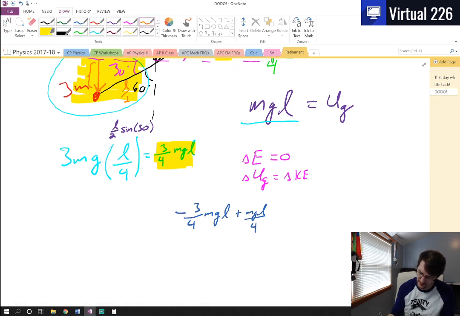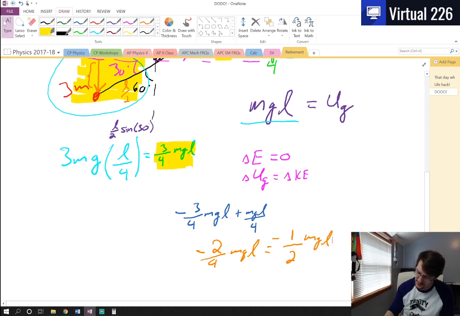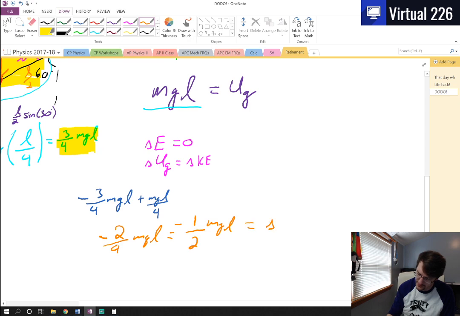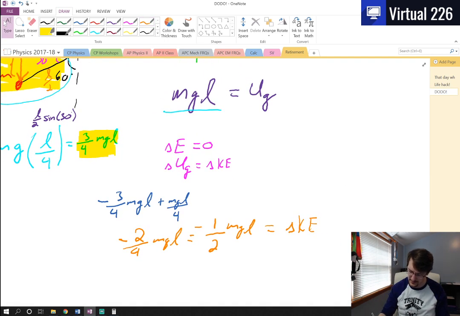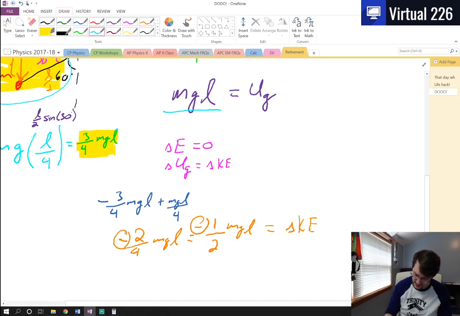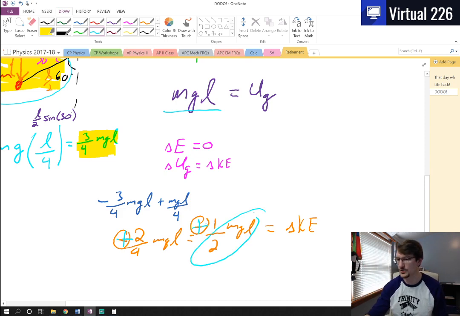When we add these together, we get -2/4 mgl, which is the same as 1/2 mgl. And this is equivalent to the change in kinetic energy. And probably what makes more sense is, really, this should be a positive value. The justification for that is that we are losing the potential, so we're gaining the kinetic. So I have a feeling that mgl/2 should be your answer.